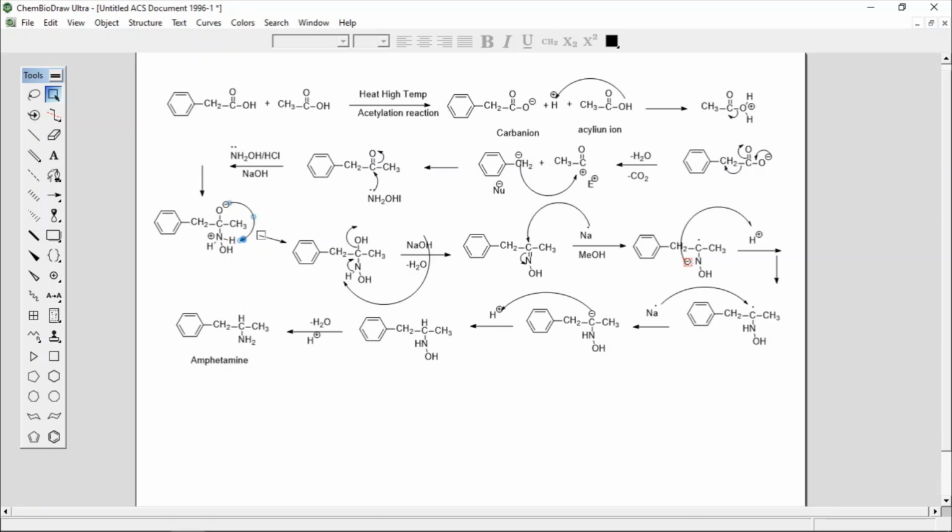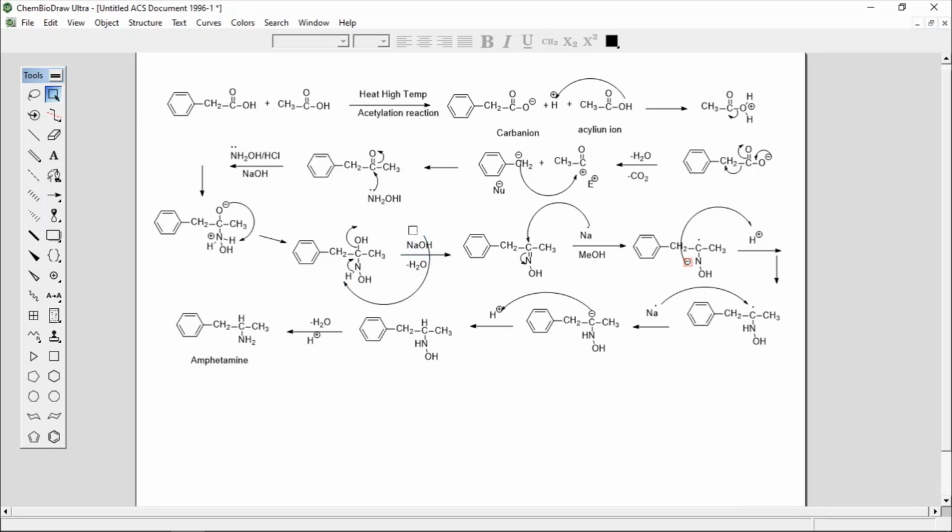Then that negative charge takes a proton. This nitrogen has a positive charge, which means this nitrogen is unstable. To stabilize it, it takes this proton, not a hydrogen, it's a proton, and stabilizes the nitrogen. And the next step is you are using sodium hydroxide.